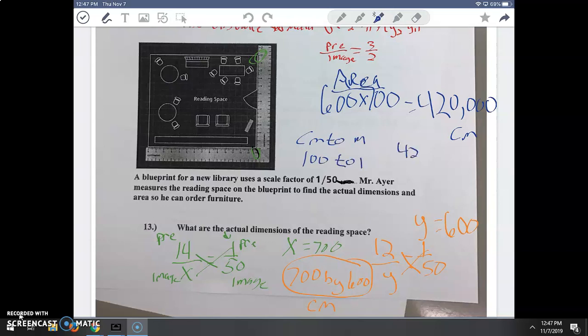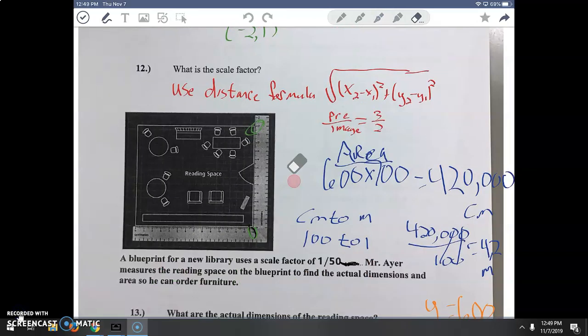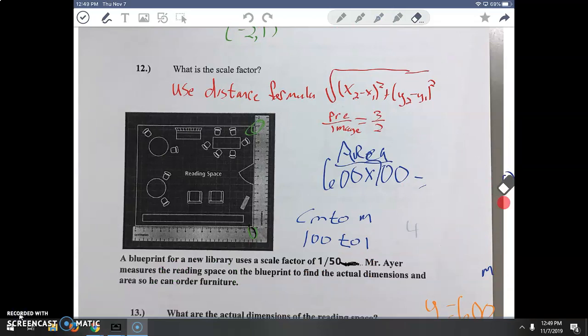So you just do 420,000 divided by 100, and you end up with 4,200 meters. Actually, what you could do as well is translate this to meters already, so you end up with 6 by 7. You divide both of these by 100, so you end up with 42 meters squared as the area of the actual reading space.